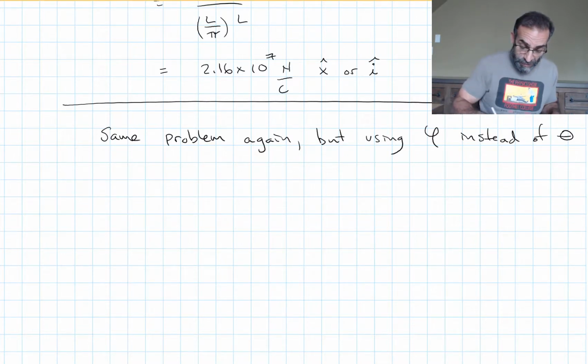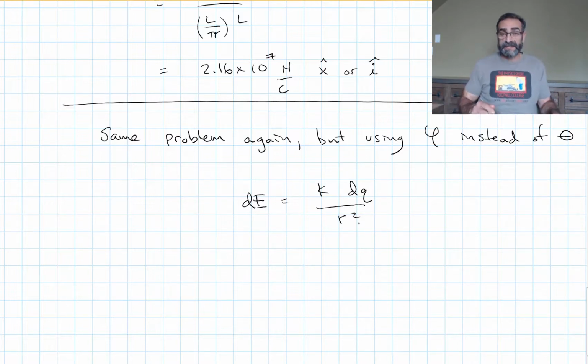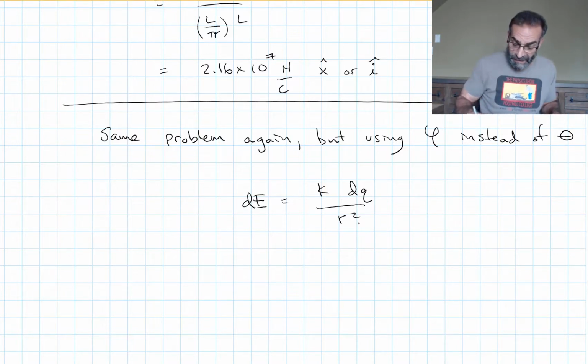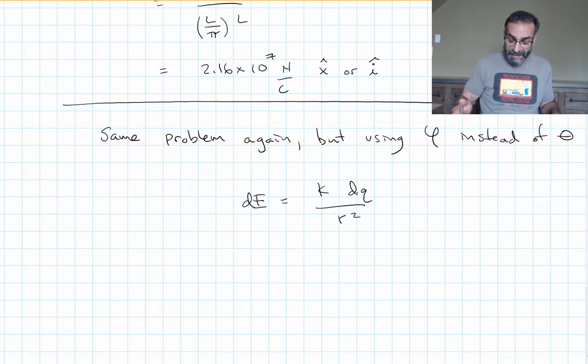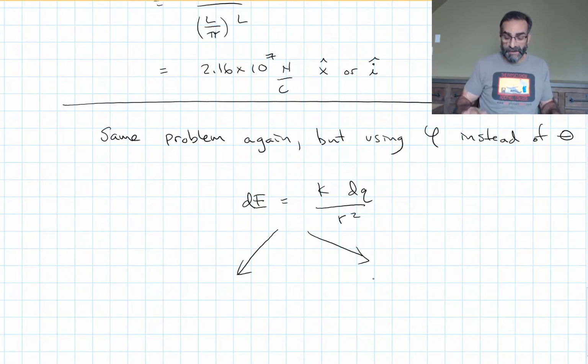We say that it produces some small amount of electric field, k times the charge, which is dq, over the distance squared, the distance between dq and our point of interest, which is the origin in this case. Now we want to add them up. We can't do that until we take components, till we break this into its component form.